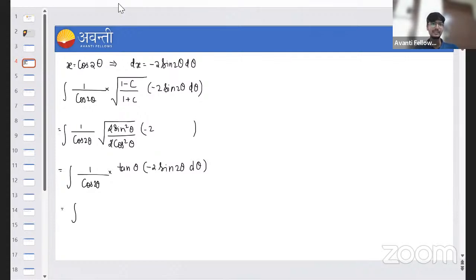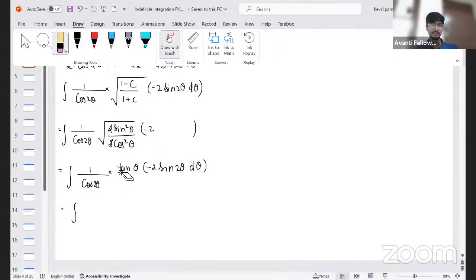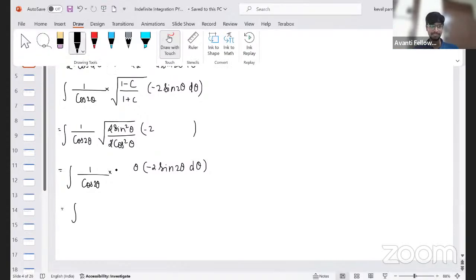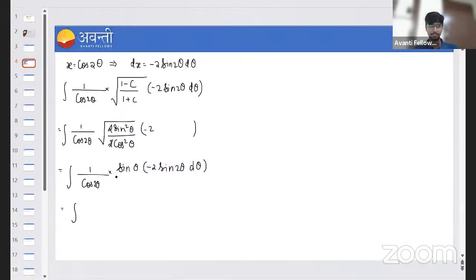So tan theta, I'll keep it as sin theta upon cos theta, and sin 2 theta I can write as 2 sin theta cos theta. I'll take minus 2 outside.